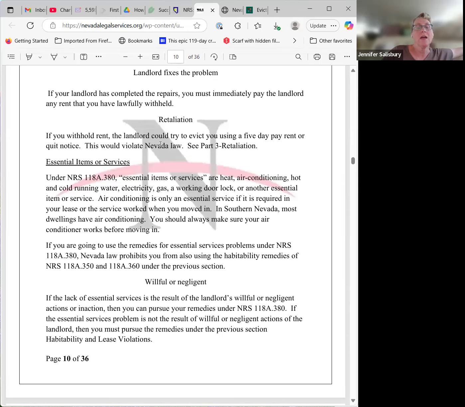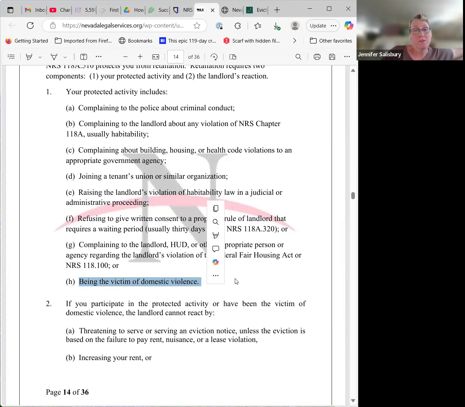Now, this one, retaliation: basically anytime a tenant complains or reports the landlord to some government organization, or joins a tenants union or similar organization, or, this is interesting, is a victim of domestic violence, that is considered a protected activity. A landlord cannot retaliate if someone has been a victim of domestic violence, regardless of gender, right?